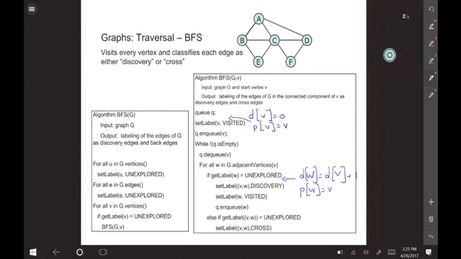I want to know what this box is for. And I'm going to want to know the answer in 2 parts. I want to know this, and I want to know this. What are those first two for loops all about?